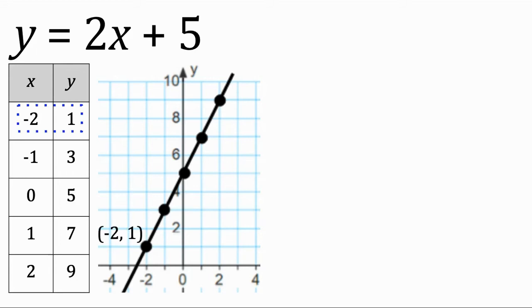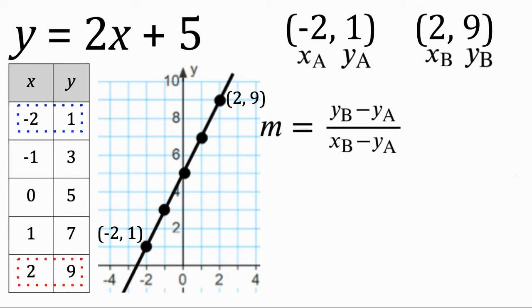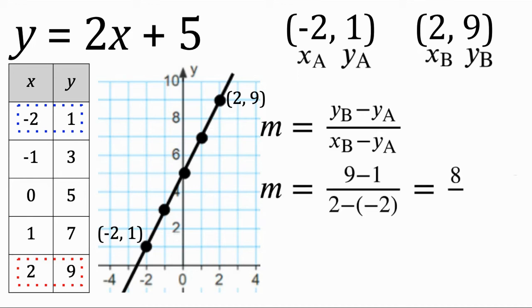If we pick these 2 random points, (-2, 1) and (2, 9), you may wish to label the coordinates xA, yA, and xB, yB to make substituting into the formula easier. We would subtract the y values, seeing their difference is 8, and the difference between the x values is 4. The slope is 2.